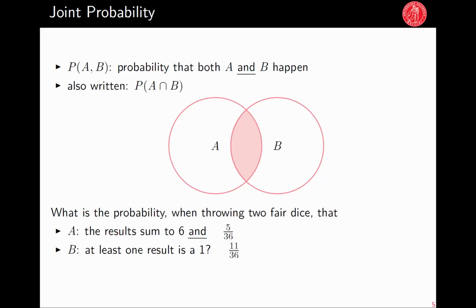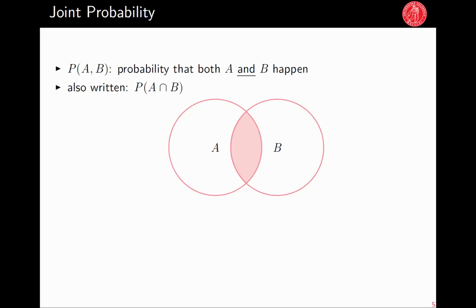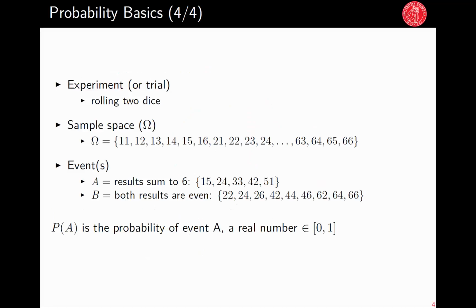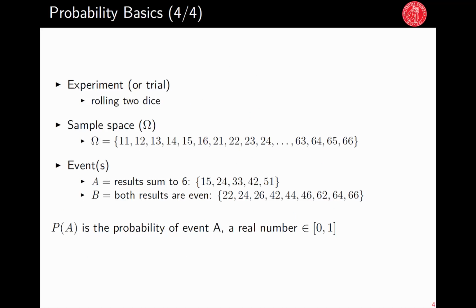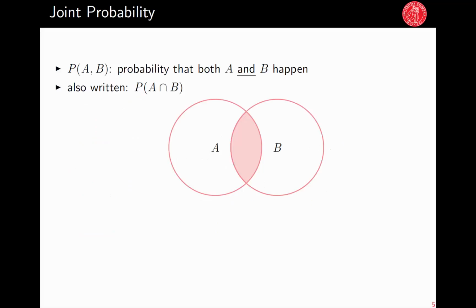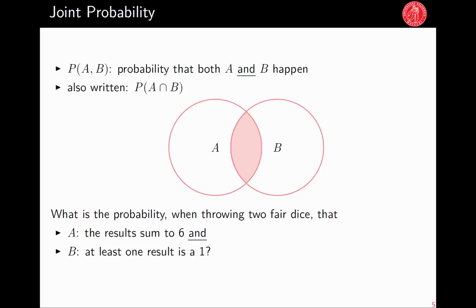When we first saw this, I derived the joint probability by picking the subset of A where at least one is a 1: 1, 5, or 5, 1. I observed that's a subset of 2 over 36. So that's the joint probability of summing two throws to 6 and having at least one of them being a 1.